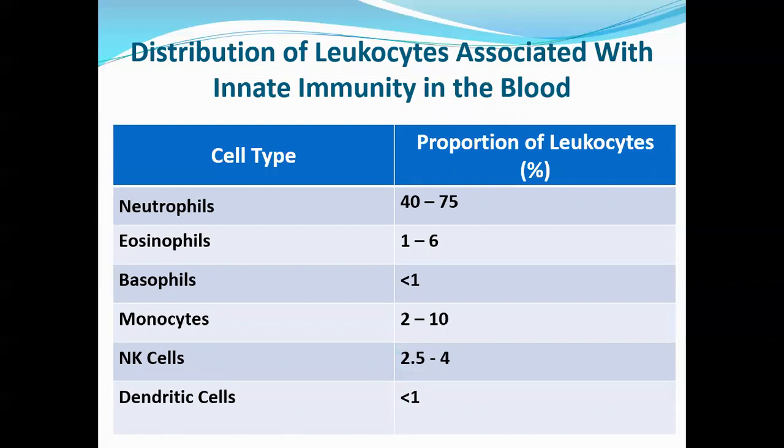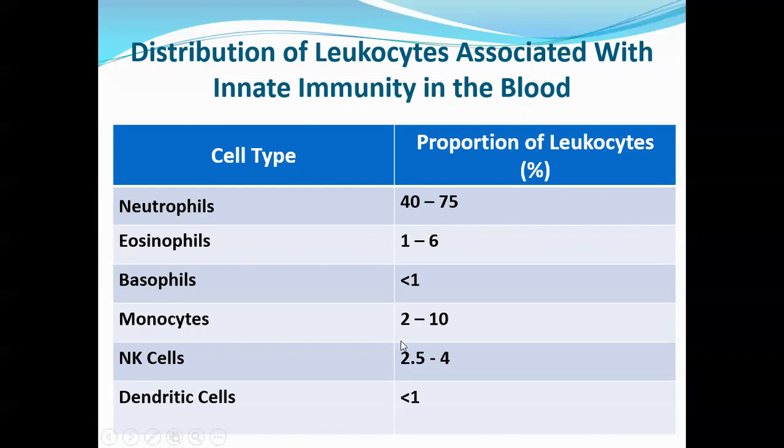So finally, this is just a summary of the composition of white blood cells in the blood with regard to proportions. Neutrophils, as you can see, make up the biggest number of cells in the blood, and that reflects their importance as first-line responders in any form of invasion.